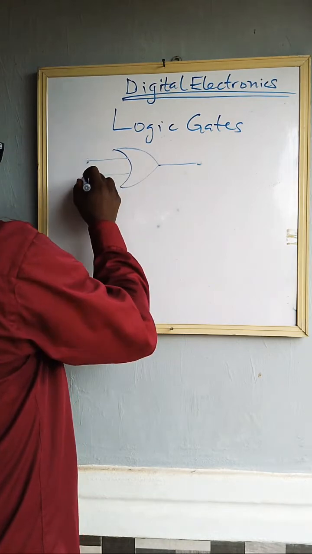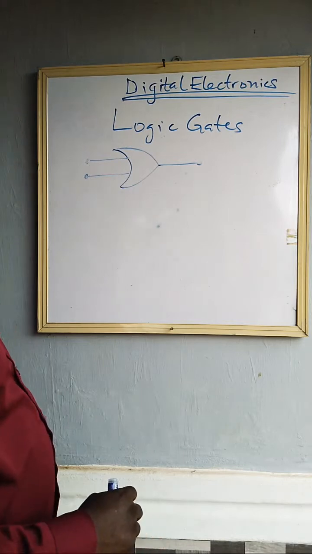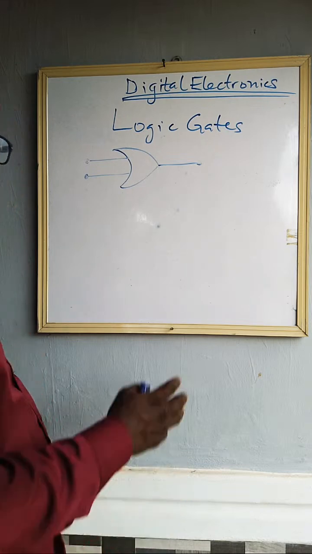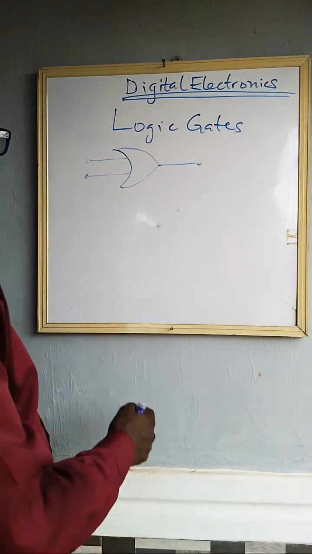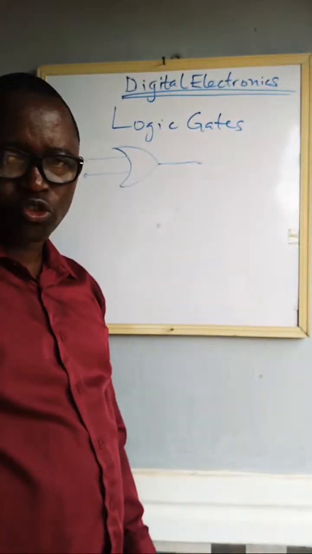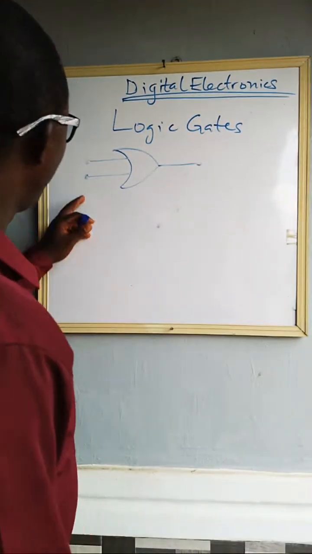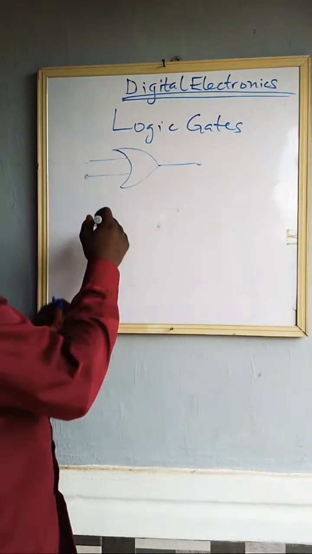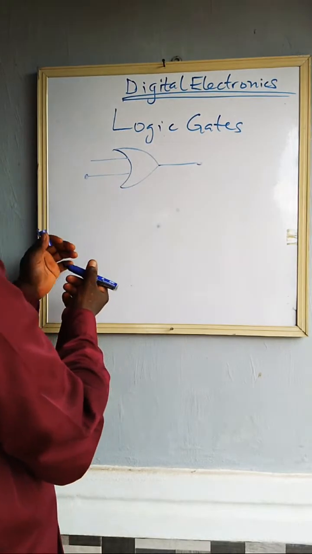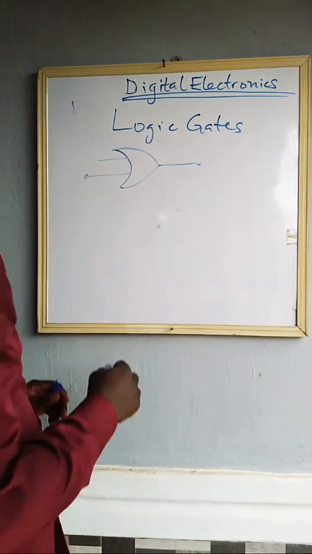When you look at it, we have the symbol here. What we have here is a digital logic circuit that has inputs and always one output. Depending on the type you are using, we can have one that has three inputs, not always two inputs like this one.